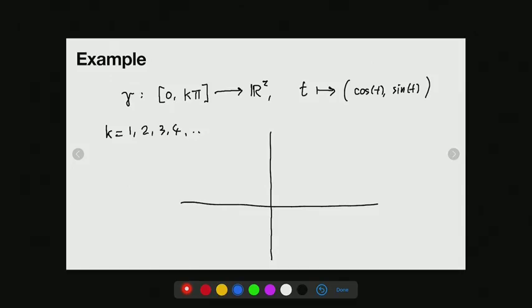Okay, what would this look like geometrically? So we're taking steps on the circle. Okay, here, this is for k equal 1. If k equals 2, we can get further around.